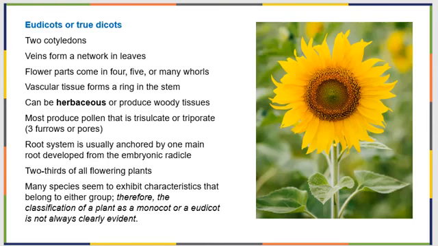And that means that they can be herbaceous, or they have a really strong woody tissue, so hardwood comes from dicots. They tend to produce pollen with multiple pores in them. Their root systems tend to be anchored, very well planned and structured. About 2/3 of all flowering plants are dicots.